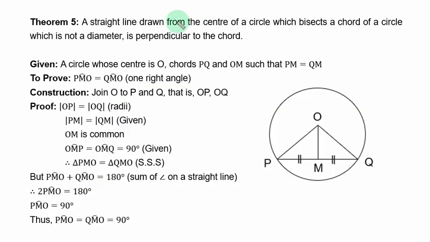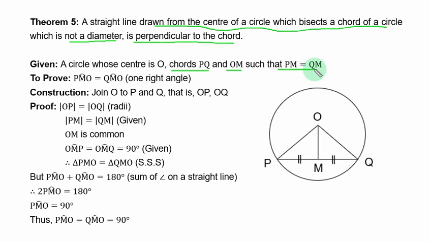A straight line drawn from the center of a circle which bisects a chord of a circle which is not a diameter is perpendicular to the chord.